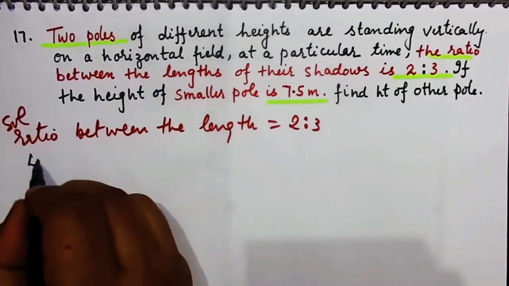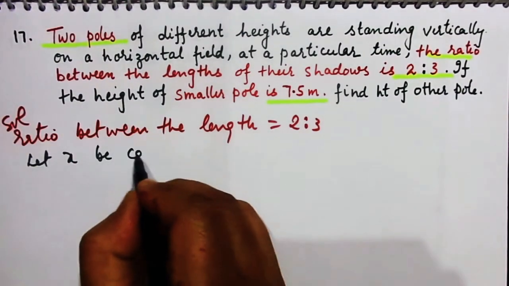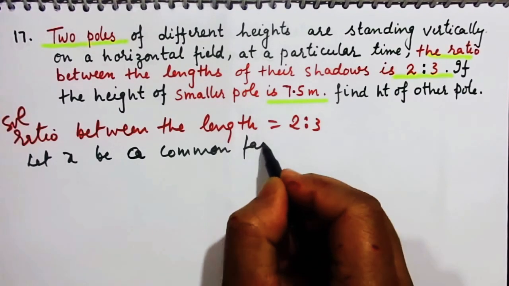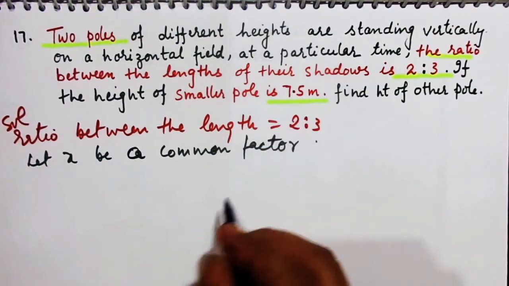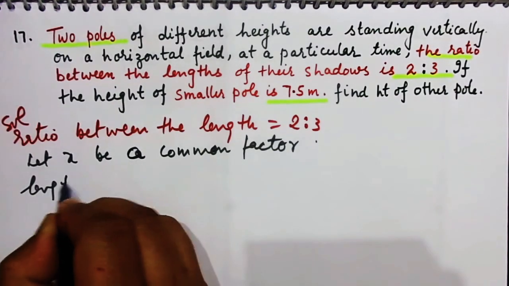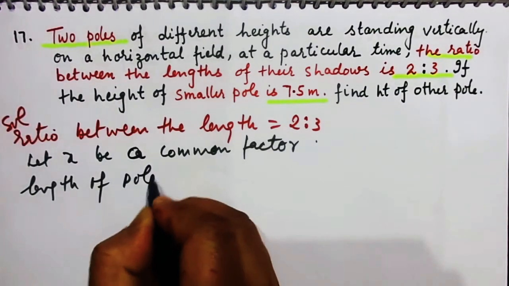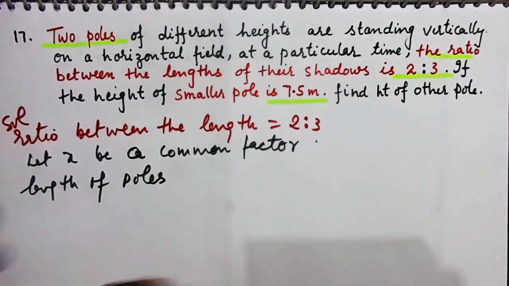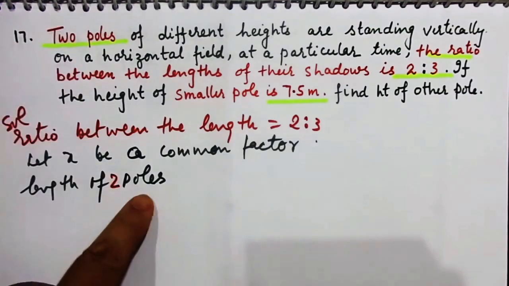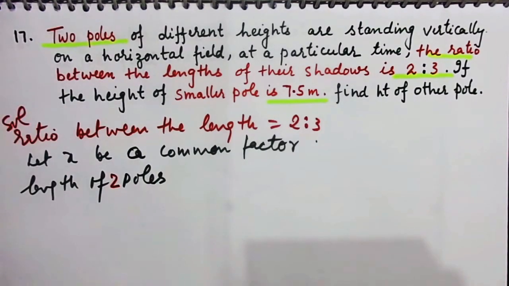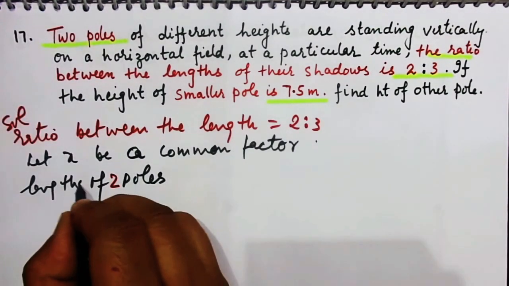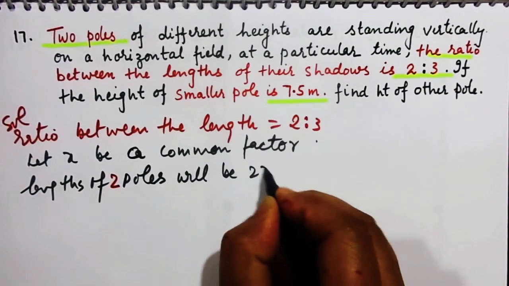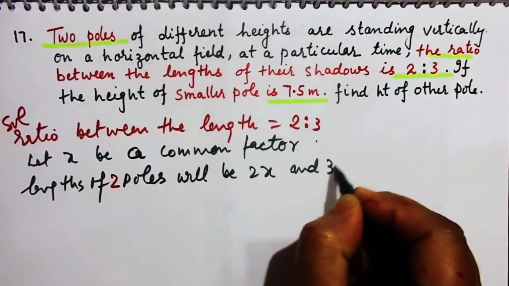Let x be a common factor. Now when x is a common factor, the lengths of the two poles, because they are mentioning two poles, will be 2x and 3x.